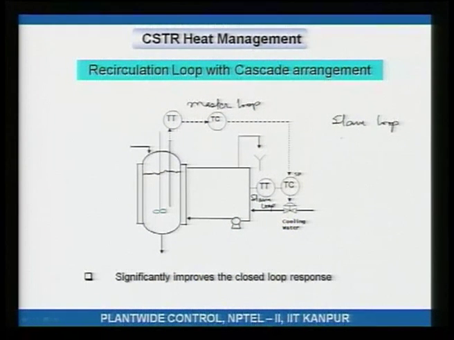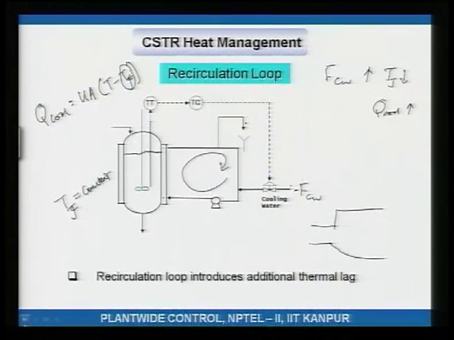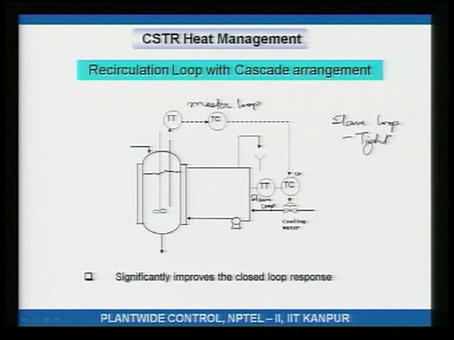Note that the slave loop can be tuned to be really tight, and if you tune it to be really tight, you will actually increase the bandwidth, and what that does is, as far as the master loop is concerned, it sees a faster responding jacket temperature relative to what we had before.